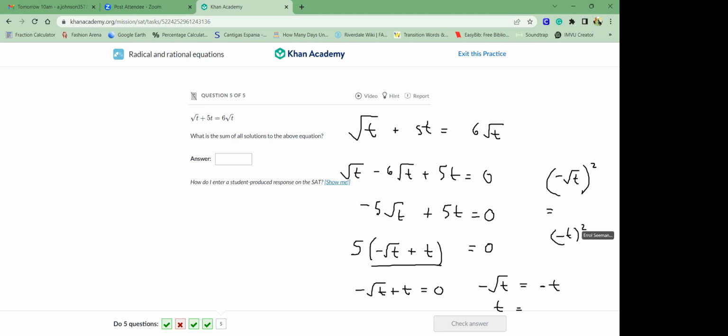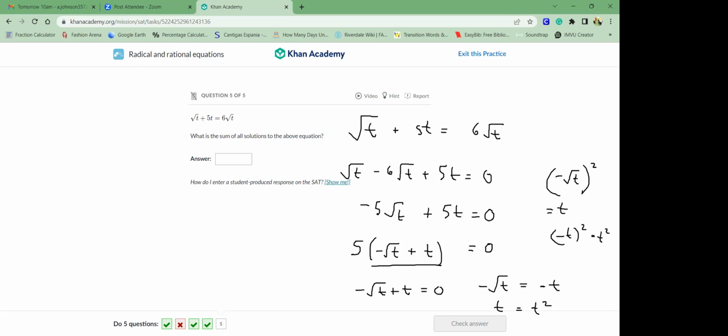This is t right here, and this is t squared. So t equals t squared. t cannot equal t squared, right?